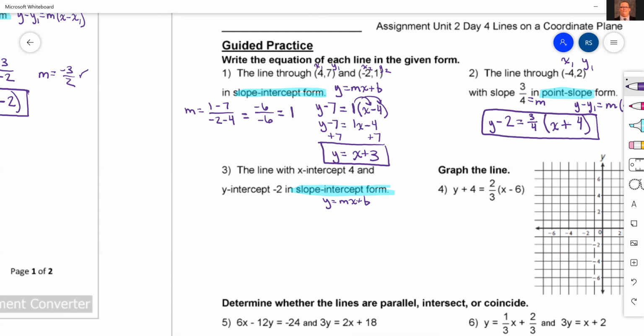Well, I know my b is my y-intercept, so b is -2. But I've got to find slope somehow, so let's make points out of these, just like we did on the notes.